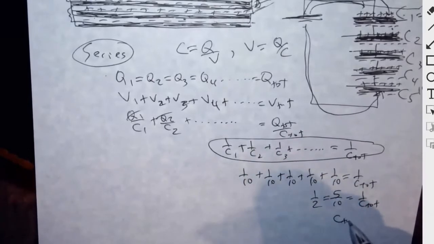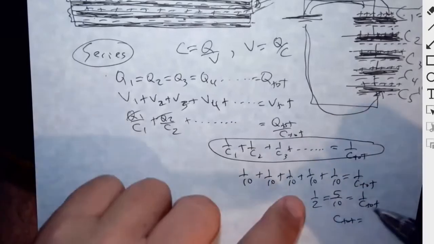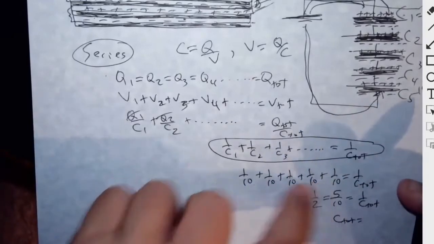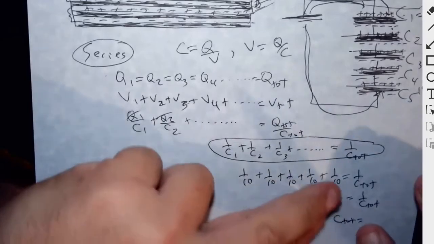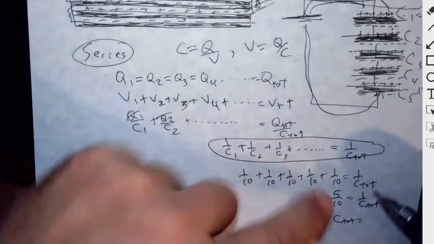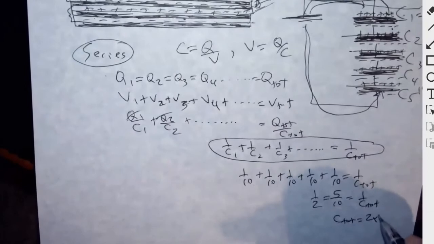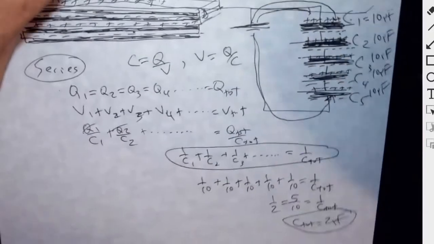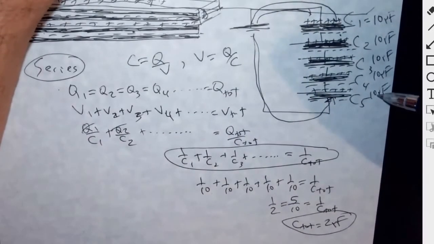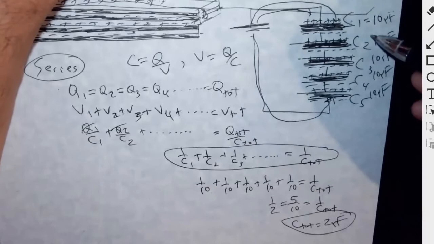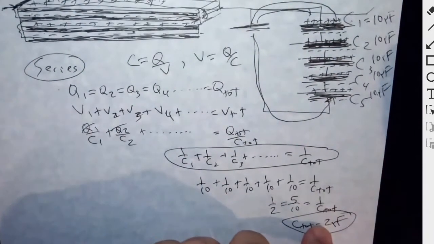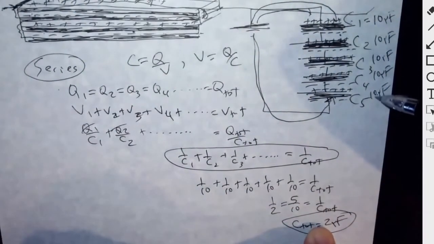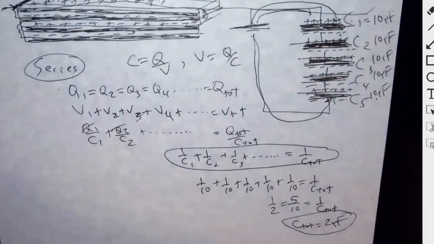Remember, after you get the answer 5 over 10, which is 1/2, you have to reciprocate it again. So then C total is 2 microfarads. So 10 microfarad capacitors would give 2. Basically this always ends up becoming less than each one alone, right? Which is 2 microfarads.